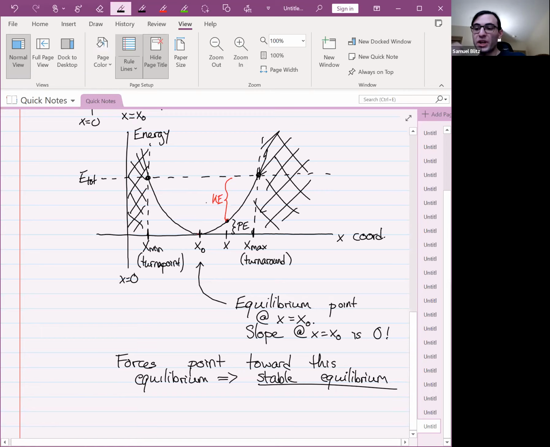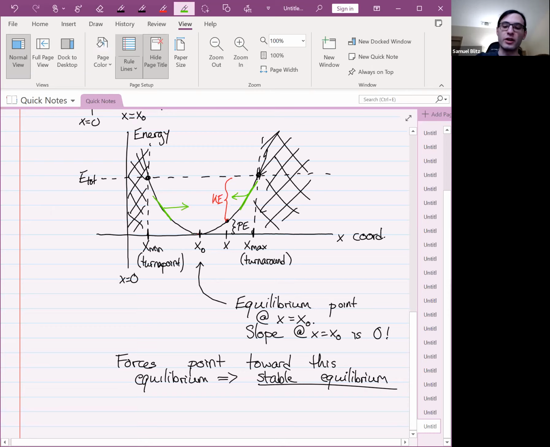So we can actually figure out what direction forces are just from energy diagrams, right? We know that the force is the negative derivative of the potential energy. So in particular, if the slope is positive, like it is over here on the right, the force must point in the negative direction. If the slope is negative, like it is on the left, the force points in the positive direction.